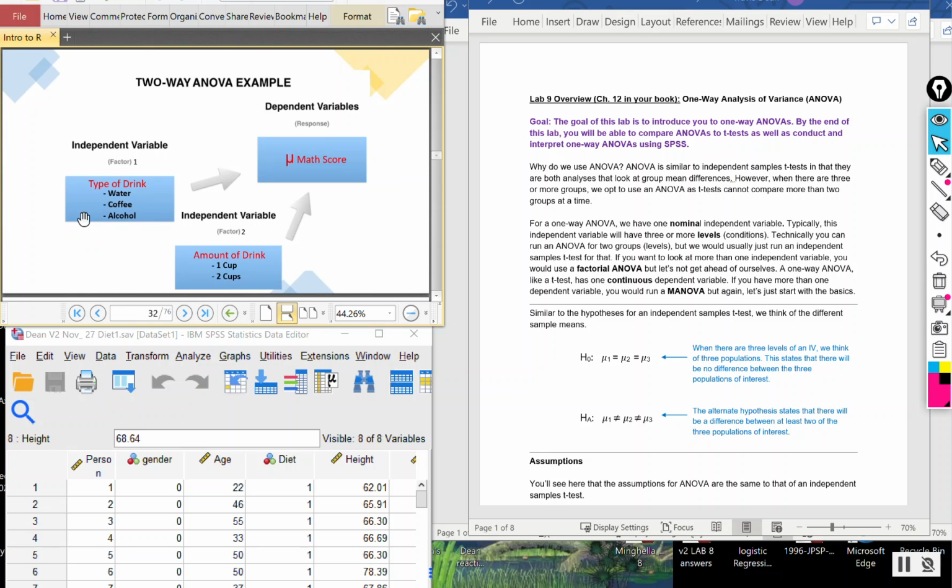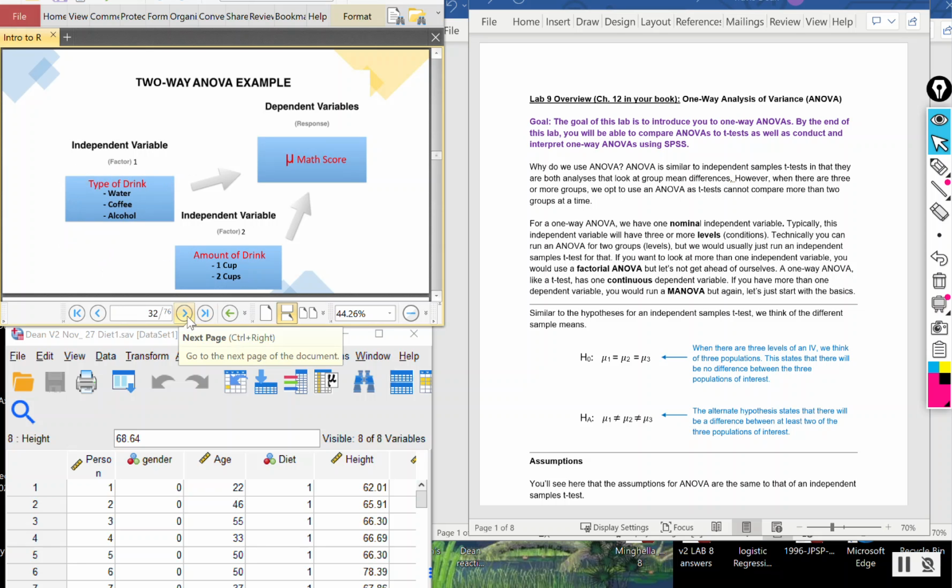It's a controlled experiment: everything stays the same between these groups besides one factor, and that is the type of drink. Now we're going to change another factor, which is the amount of drink, 1 cup versus 2 cups. This is the second change agent, the second factor being changed in the experiment, and the type of drink is the first factor.